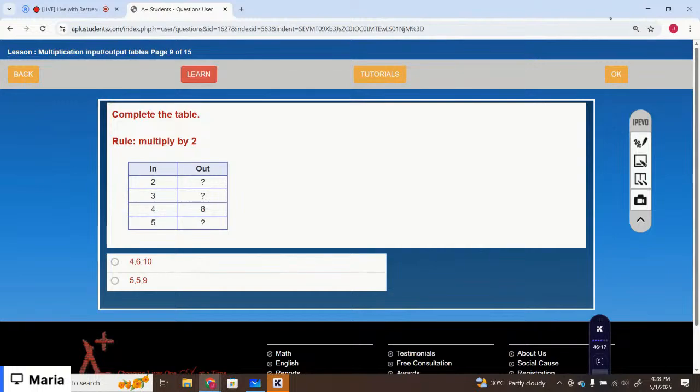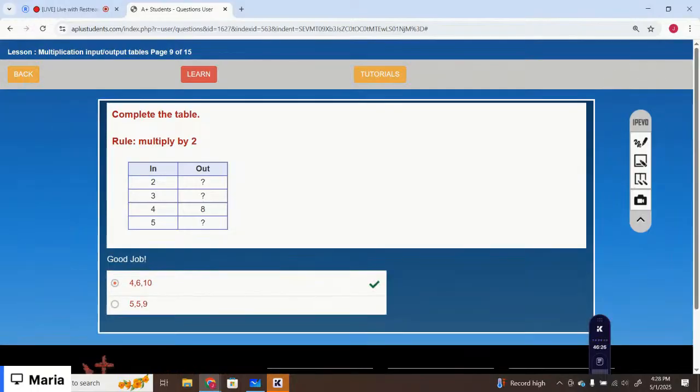The correct option: you have to multiply by 2, right? So that is 2, 6, and 10. Sorry, 4, 6, and 10. Option number 1 is the correct option.